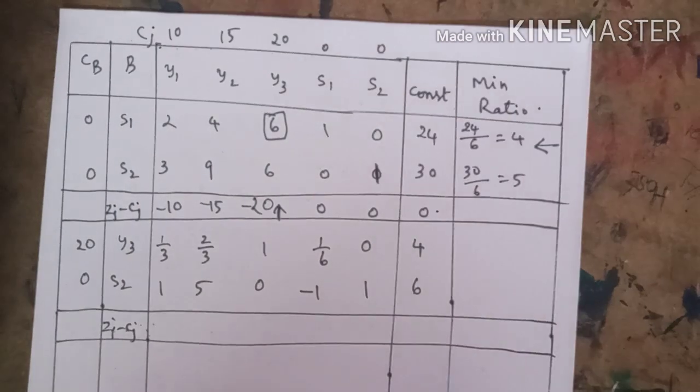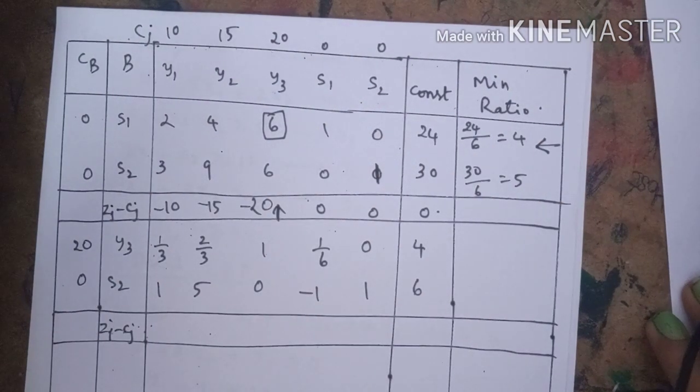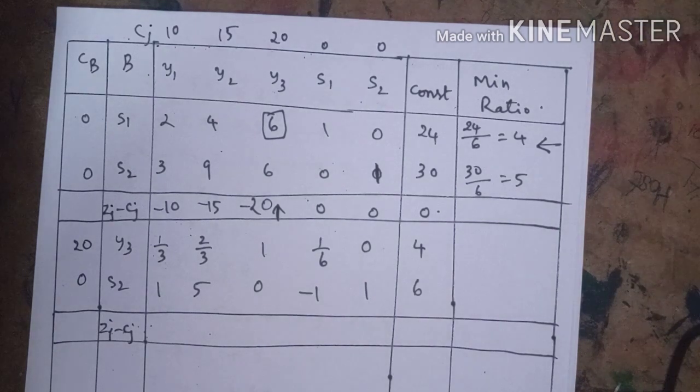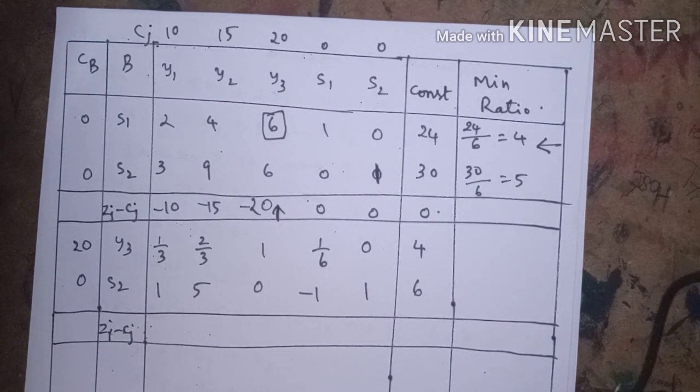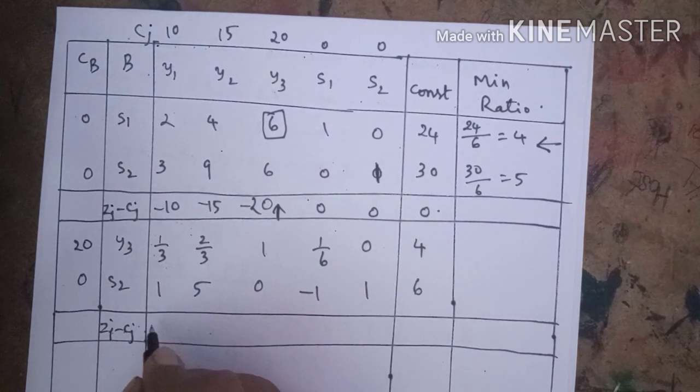CB column into Y1 column: 20 into 1 by 3 plus 0, minus 10. 20 by 3 minus 10 is equal to, 20 minus 30 over 3, minus 10 by 3. That is equal to minus 10 by 3.